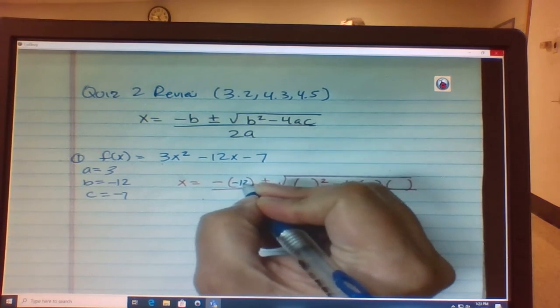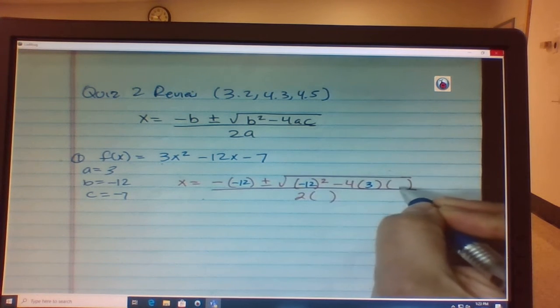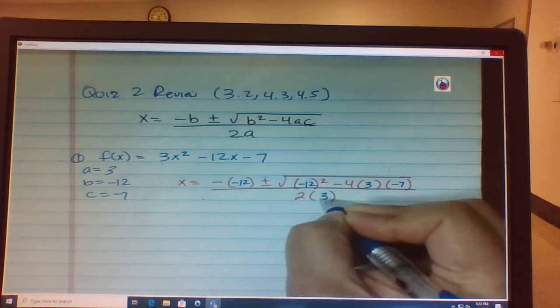This should be a negative 12, that should be a negative 12, that should be a 3, and that should be a negative 7, and that should be a 3.